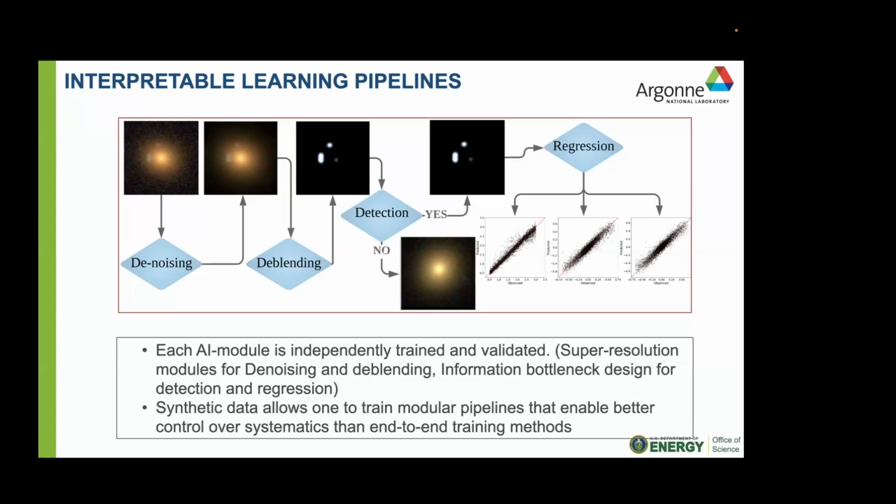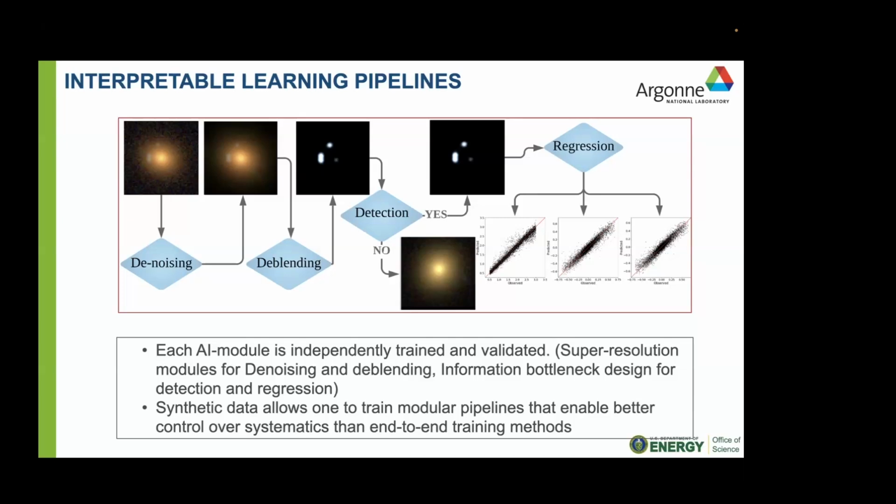The foreground yellow galaxy is completely removed, and I'm only left with the arc after the second stage. And then comes the detection, which is essentially a classification network where I'm supposed to say whether the arcs that you see are actually strongly lensed or not.